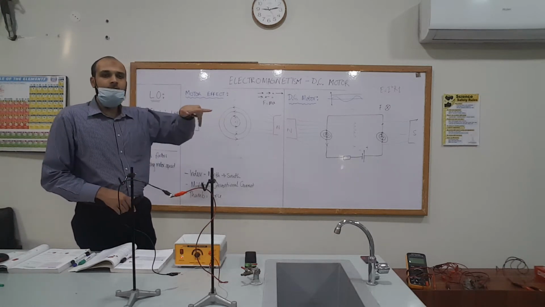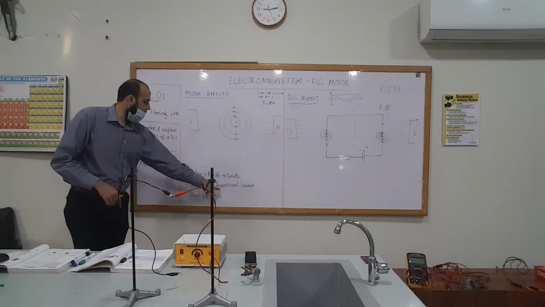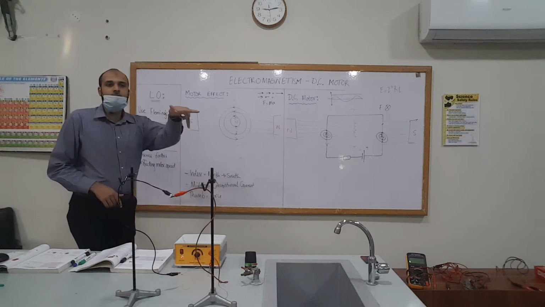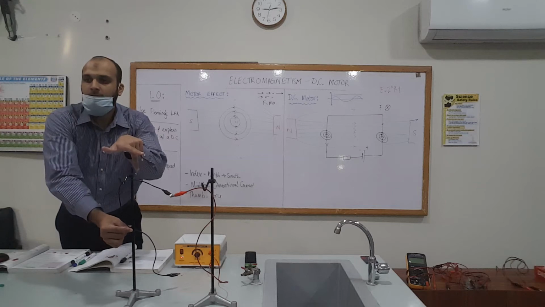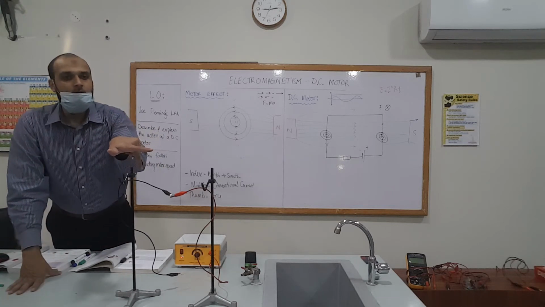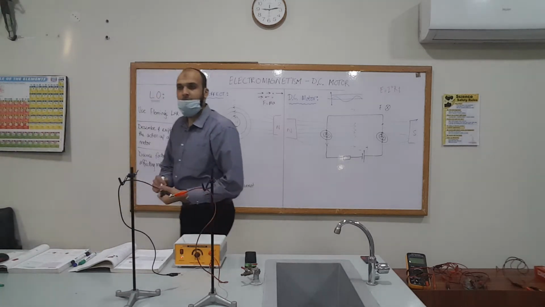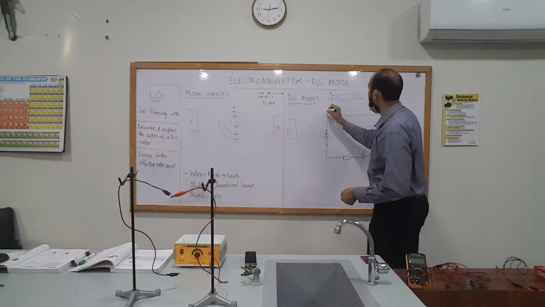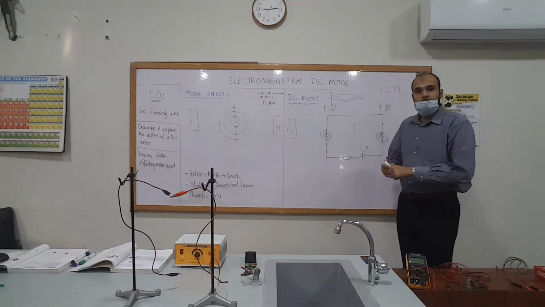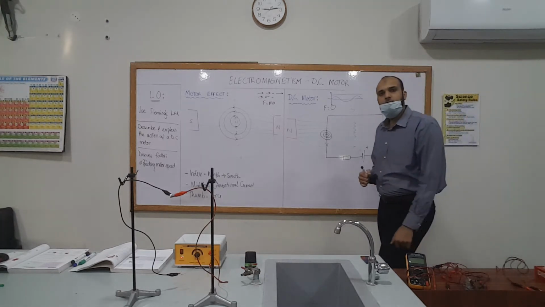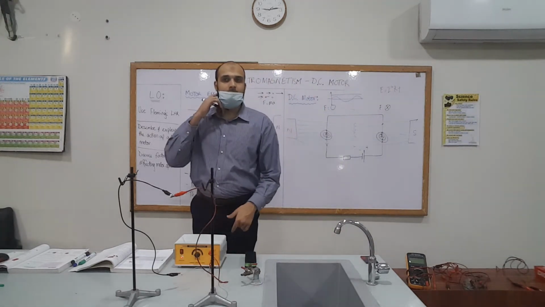The middle finger follows the direction of the conventional current, pointing down for the black wire. So the direction of the force is outside the board, so there's a dot in there. Are you following this?